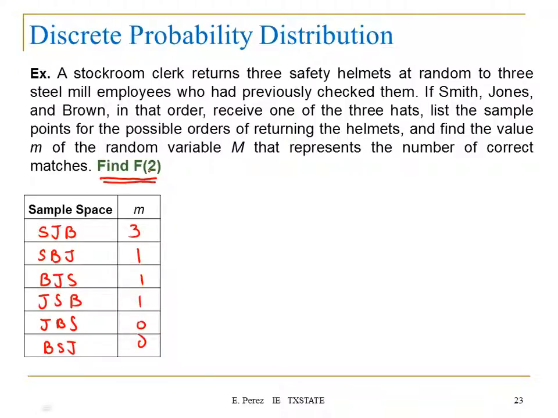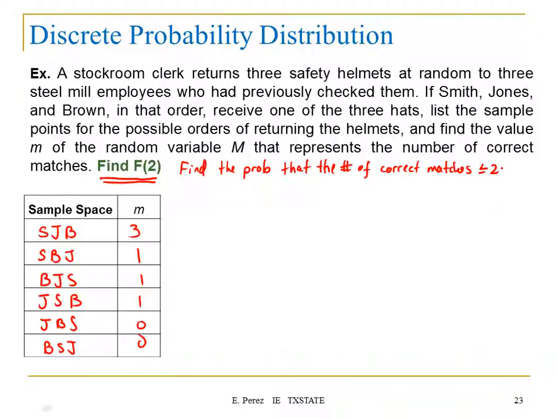So that means that you need to find the probability that the number of correct matches is less than or equal to 2.